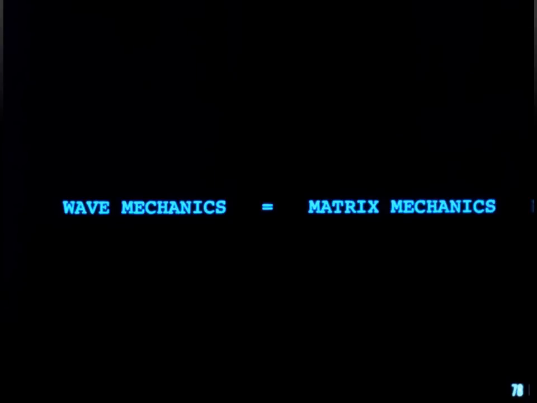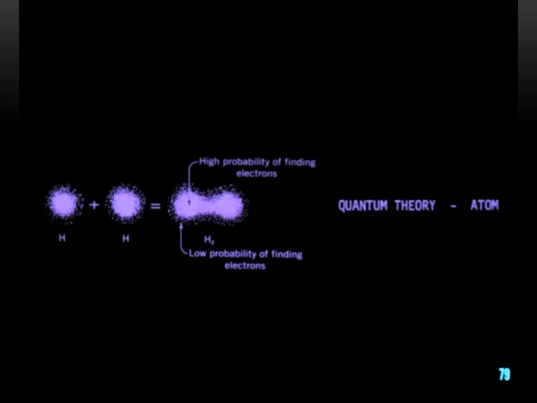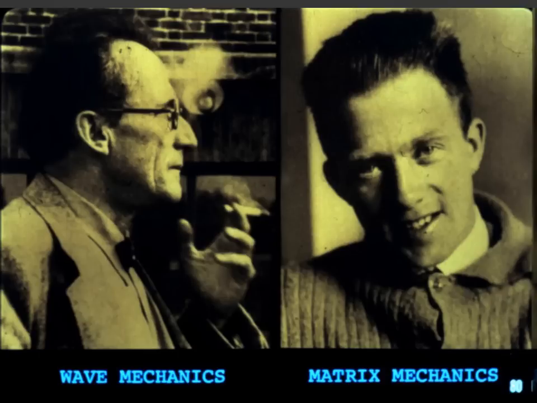Soon after, Schrödinger showed that his wave mechanics and Heisenberg's matrix mechanics were really the same thing, and that one could be derived from the other. Thus, in 1925 and 26, quantum mechanics was born. It would quickly be developed to what is essentially its present level of understanding. But first, there was the problem of deciding just what Schrödinger's wave mechanics and Heisenberg's matrix mechanics meant.